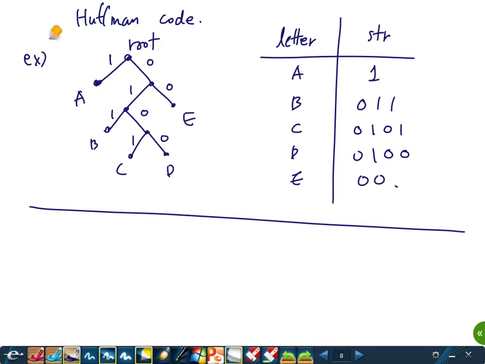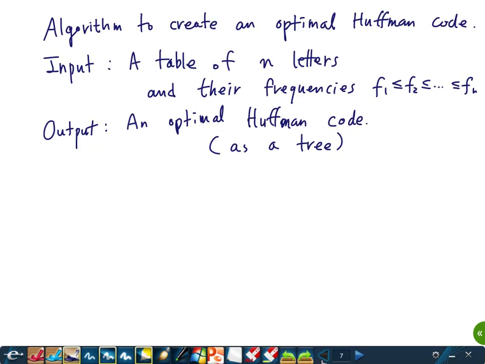So I'm going to create a tree like this so that it really is optimal. So the algorithm is quite simple. Here we are given a table of n letters and frequencies, and we want to create a tree where the n letters are attached at the leaves.